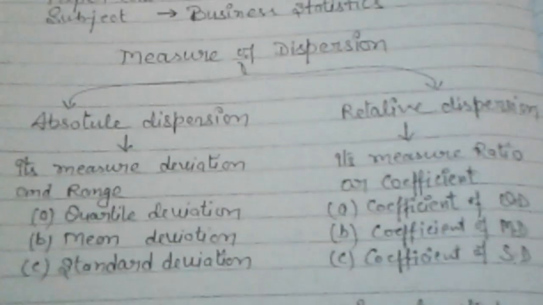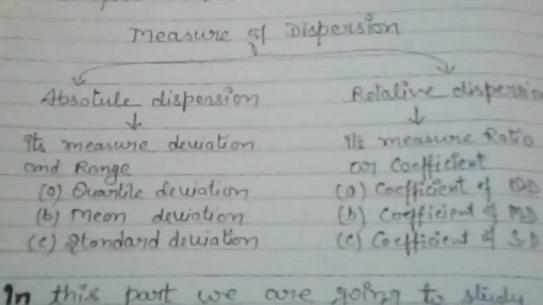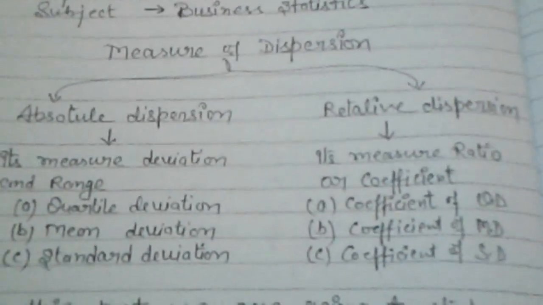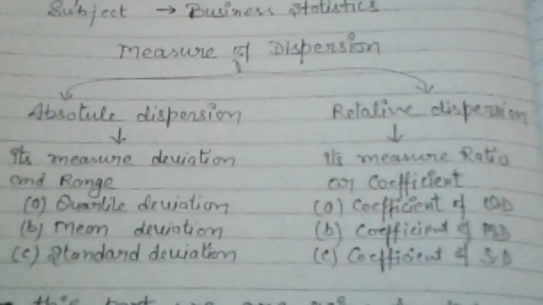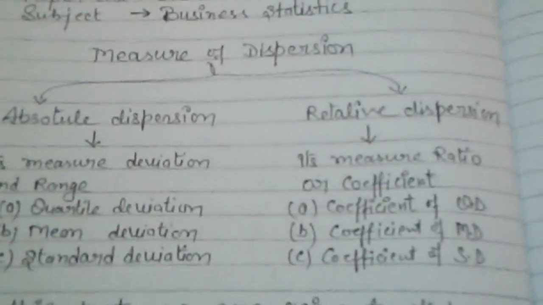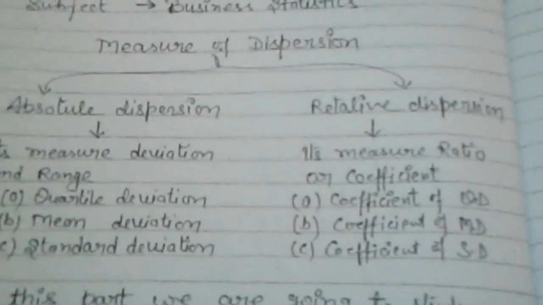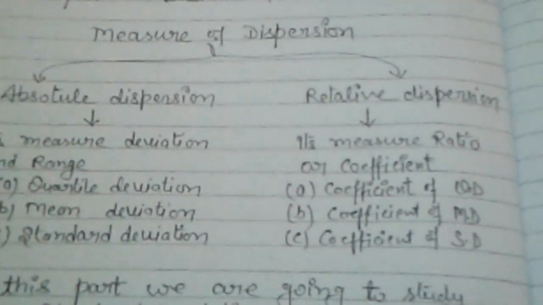We can understand quartile deviation, mean deviation, standard deviation, and by relative dispersion we can measure coefficients, which compare two series or more than two series. We can easily find the coefficient of quartile deviation, coefficient of mean deviation, and coefficient of standard deviation.